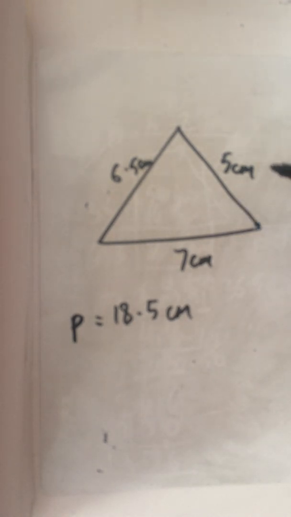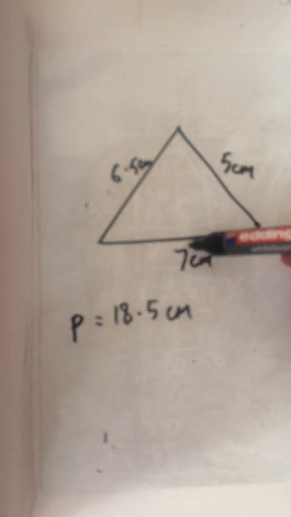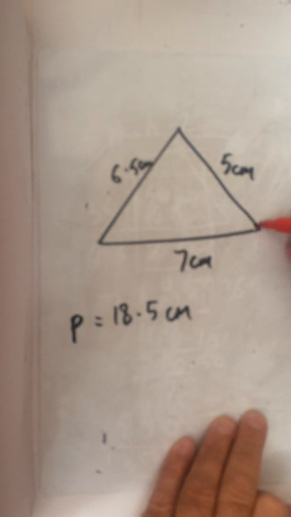In this question here, I couldn't do the area, okay, because it doesn't give me the height. You need the height to tell you the area. Now some questions might even just tell you the height just outside the question. So say for example the height on this one is, let's go with 6 centimeters.